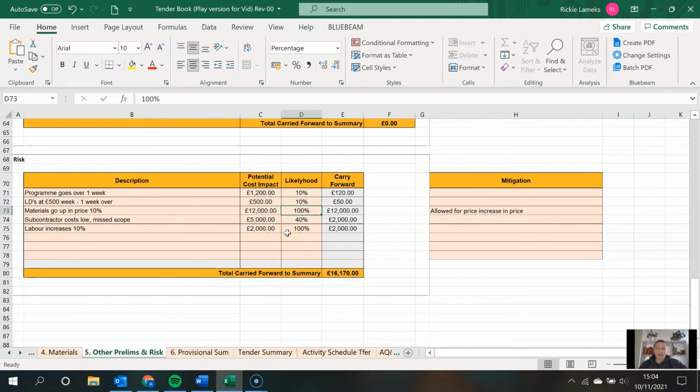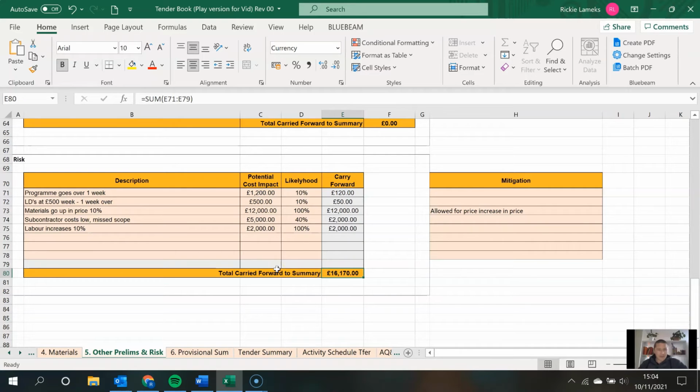We know they're going up at the end of the year. That's going to go up. We're building a risk pot that we're carrying forward based on what we know is going to happen. 100% would be we know it's certain to happen, and you would not carry as much risk forward if it was less likely to happen, or you might want to carry it forward.